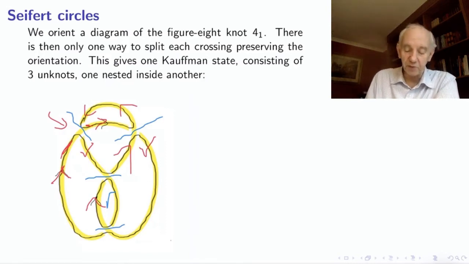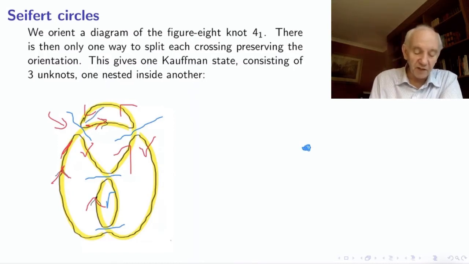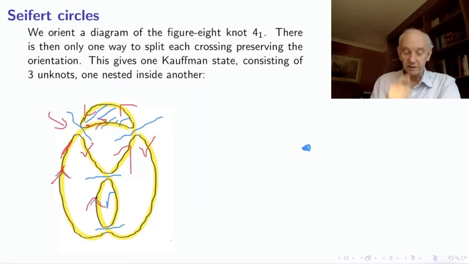Well, first of all, I think of filling in these circles. Any closed circle in the plane bounds a disk, that's the theorem. I fill in these circles. Now, unfortunately, if one's nested in the other, I have to raise it up. I have to imagine that it's sitting vertically above the other one.